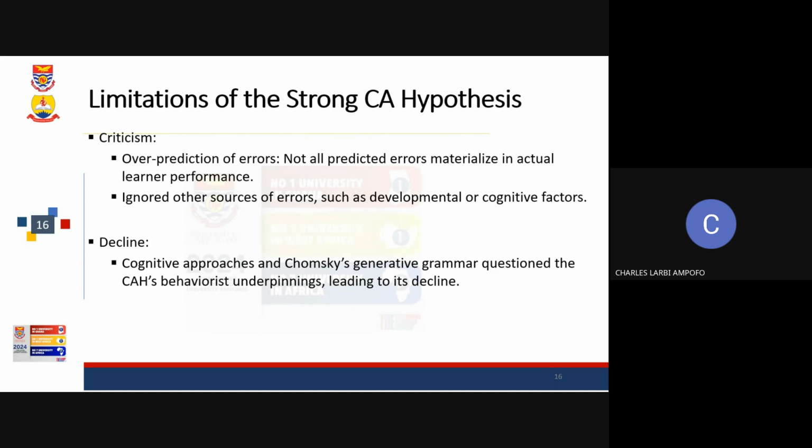With Chomsky's generative grammar, contrastive analysis approaches were questioned, looking at the behaviorist underpinnings of contrastive analysis. So with the coming in of cognitive approaches to learning language, such as the generative grammar of Noam Chomsky, the aspect of behaviorism in learning a language was questioned. This contributed to its decline.